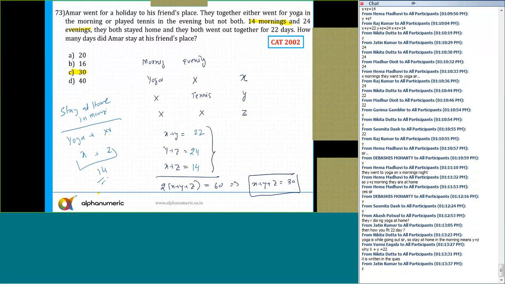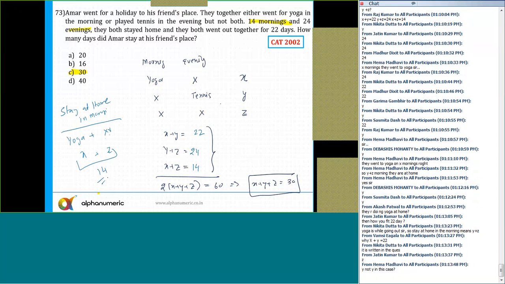Any doubts now? X plus Y is 22 because it says they both went out together for 22 days. So they can go either in the evening together or in the morning together. Yes or no?